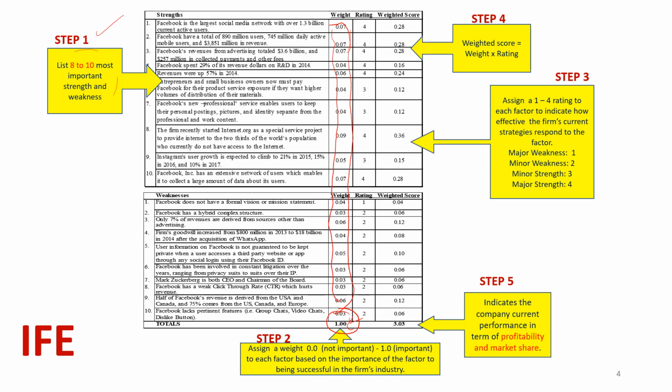Now the third step is to assign a rating. Assign a 1 to 4 rating to each factor. Rating basically refers to how strong or weak each chosen factor is in relation to the organization. For strengths, you must give a rating of 3 or 4, and for weaknesses, a rating of 1 or 2.